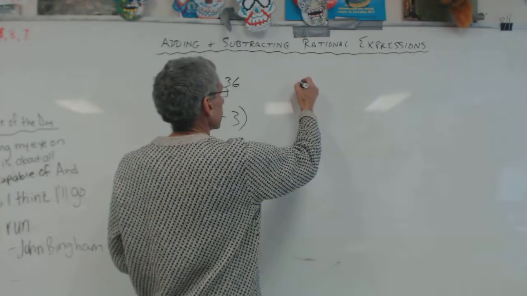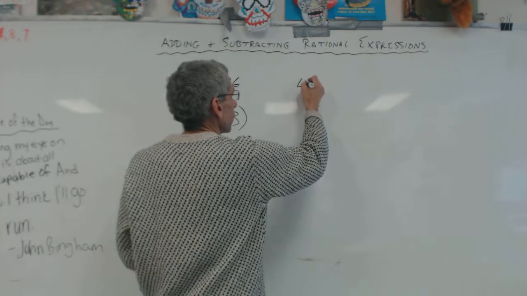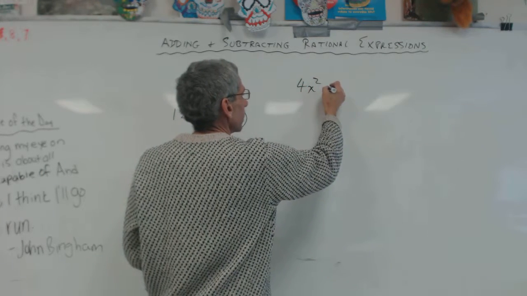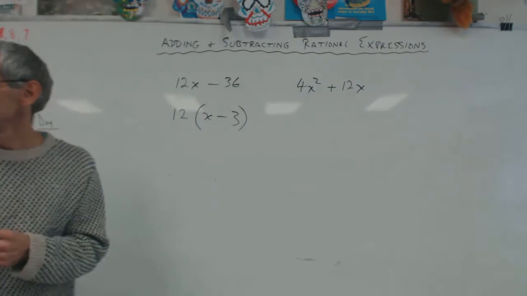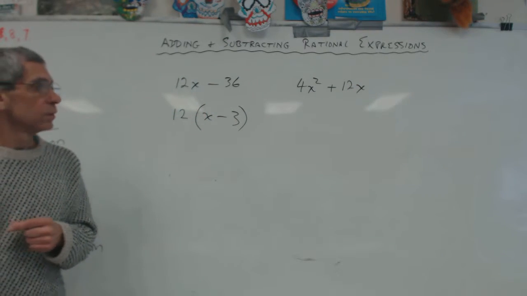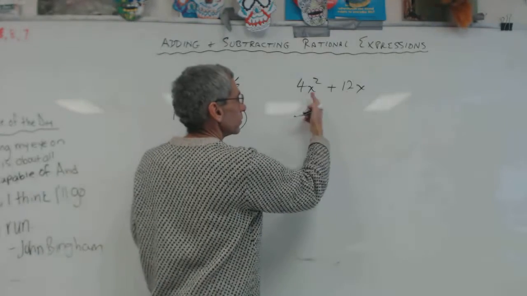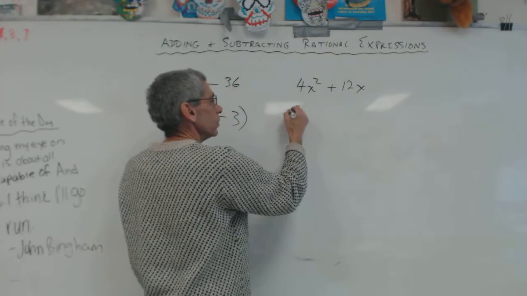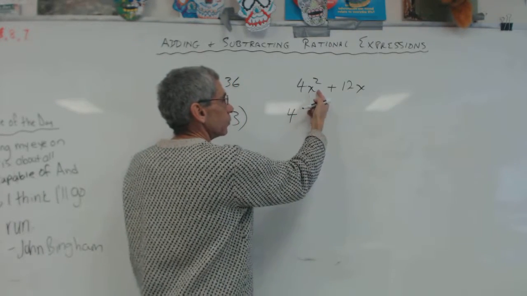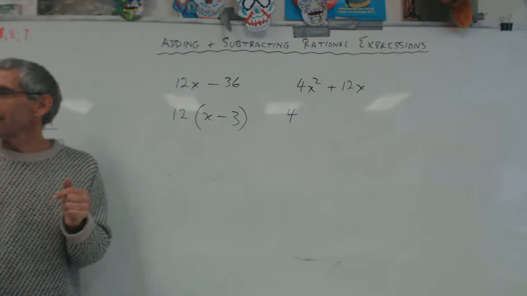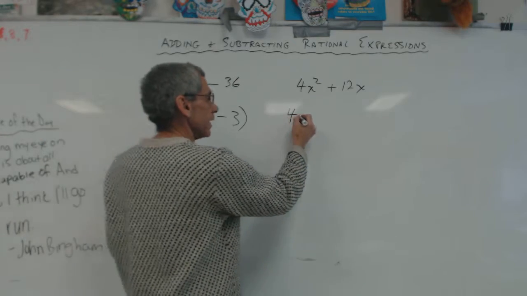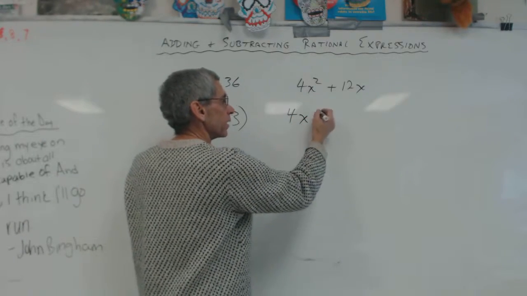What if I gave you this? 4x squared plus 12x. Between the numbers, 4 goes into both of those. Then I have 2 x's here and I have an x here. I can take out an x because they both have at least one x.